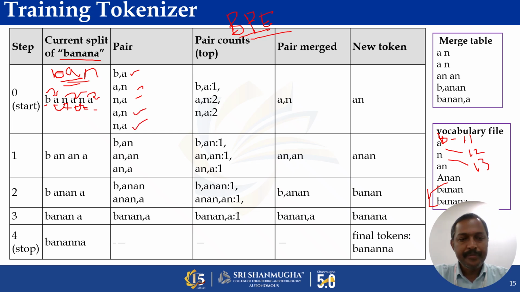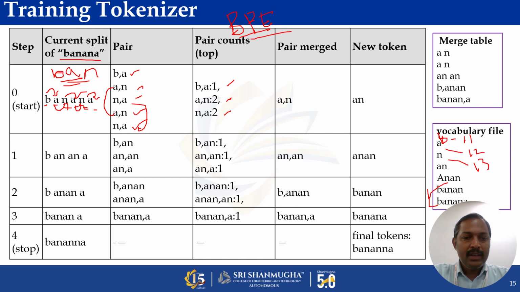Now we have to find the repetition of pairs. BA occurred only once, but AN occurs two times and NA occurs two times. So first we have to merge the highest-count pair.